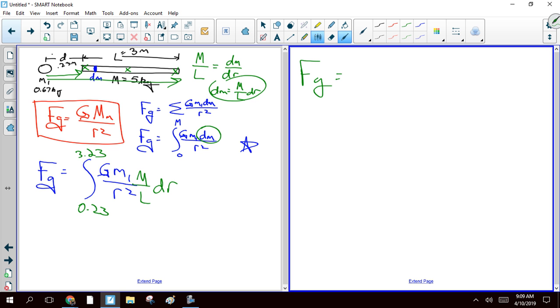Fg is g times m1 times capital M over L times the integral from 0.23 to 3.23 of 1 over r squared. Let's write that as r to the negative 2. All right. Any problems up to there? We are almost done.